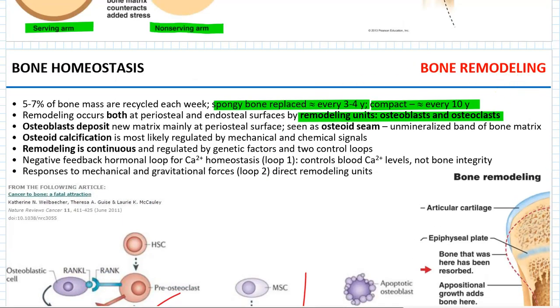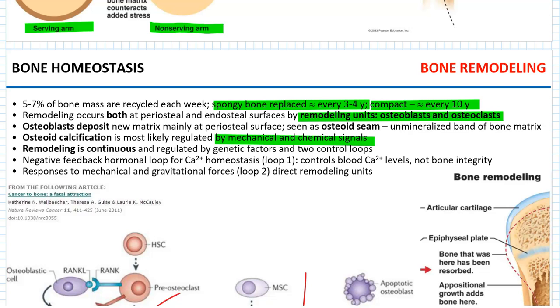So the deposition of the bone is regulated by mechanical signals for the most part. Calcification is regulated by chemical signals. Okay? So remodeling happens all the time, through your entire life, at different rates, but through your entire life.